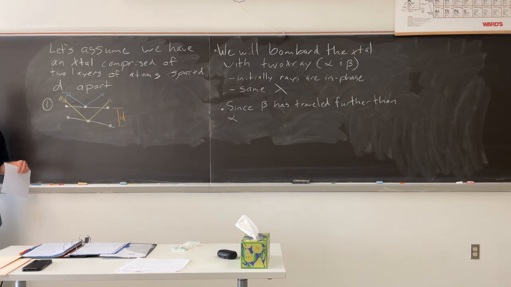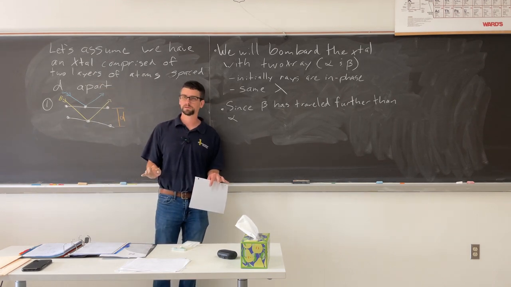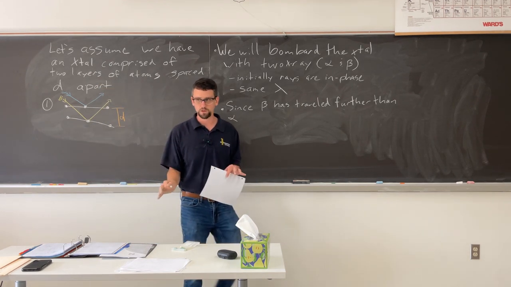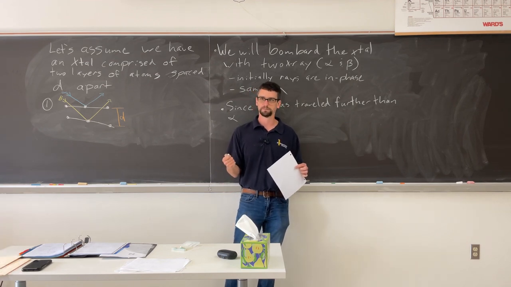We only care about maximum intensities. Okay? So, Katie, you said in phase or out of phase, I can't remember. Do you guys get constructive and destructive interference? Anybody need a review of constructive, destructive interference, or is it good?